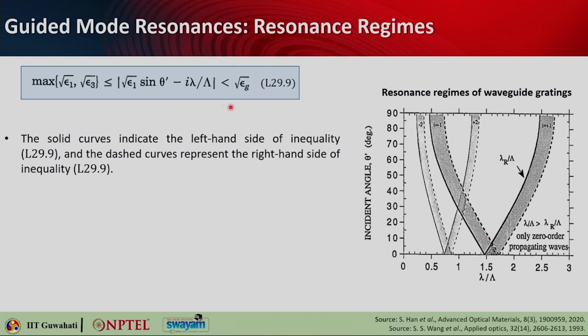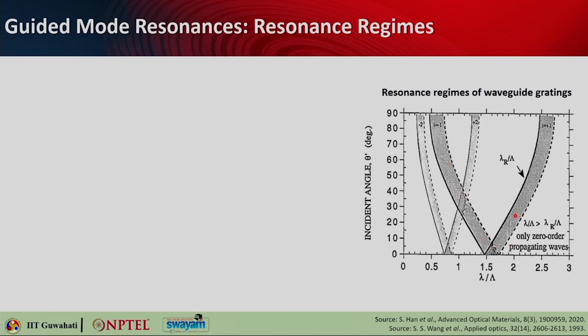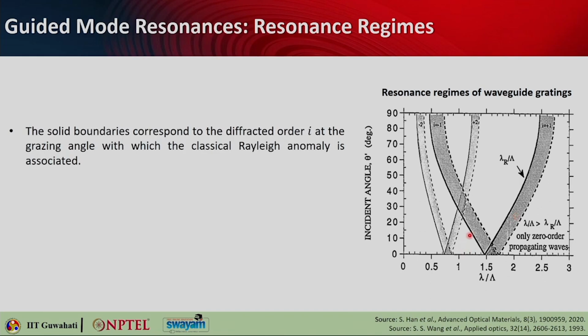The right side inequality gives you this one for a particular I, and the left side inequality gives you this solid line for that particular I. The shaded region between the two lines are those parameter values for which resonance can take place. This can be called the resonance regime, and these are the boundaries for I equals 1.